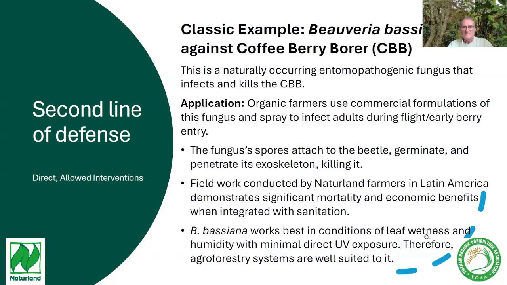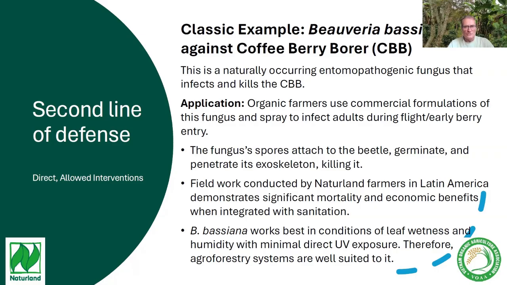And that is the classical example, Beauveria bassiana against coffee berry borer. It's the main pest in coffee. And Beauveria bassiana is a naturally occurring entomopathogenic fungus that infects and kills the coffee berry borer.